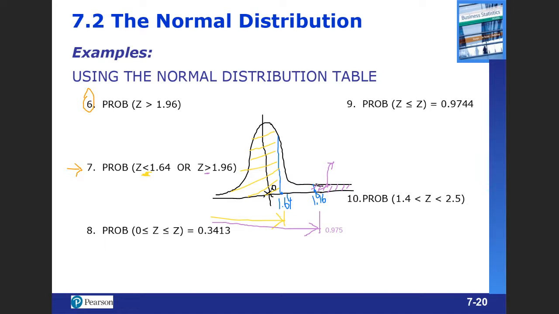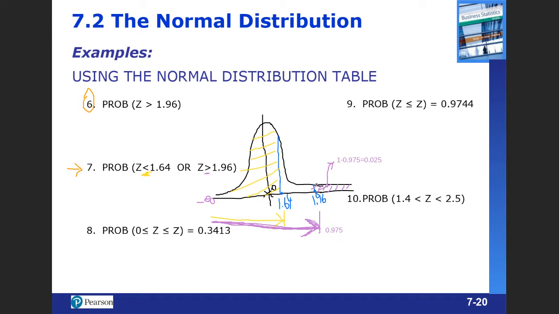Any questions about this? Does everyone understand why I had to subtract that? Make sure you understand. That's why it helps to draw the curve, because what you just found on the table when you looked up z equals 1.96 was the area from negative infinity up to that z value. So for the purple shaded area, you still had 1 minus that area.